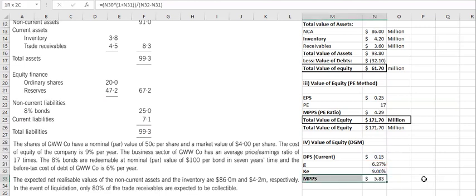So that's the price, $5.83 predicted by the dividend growth model. This is the per share price.